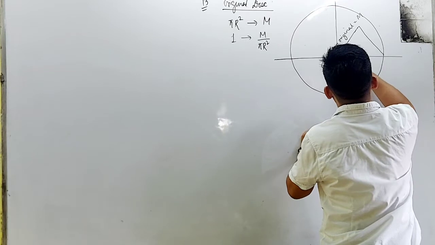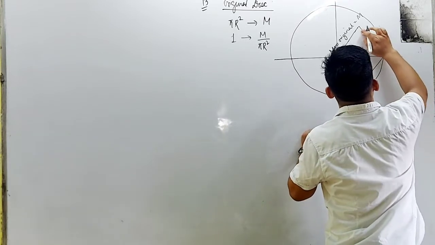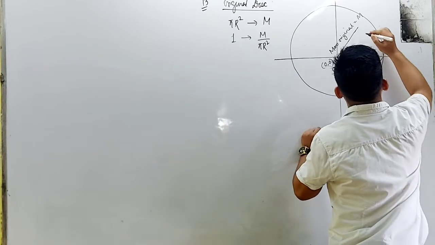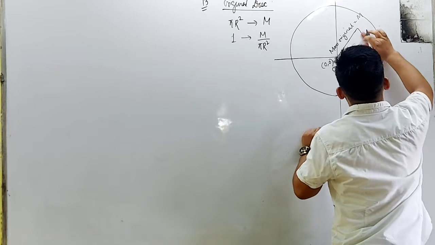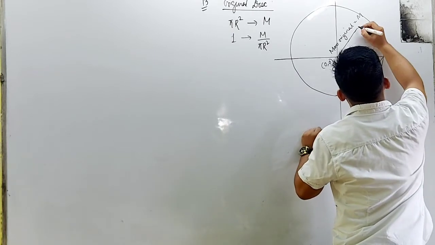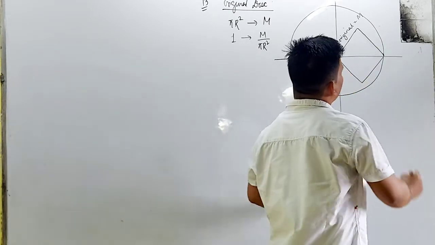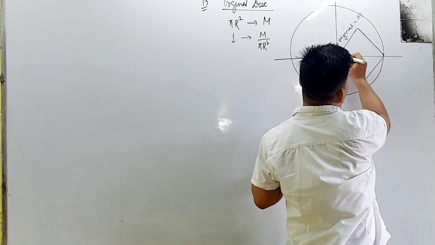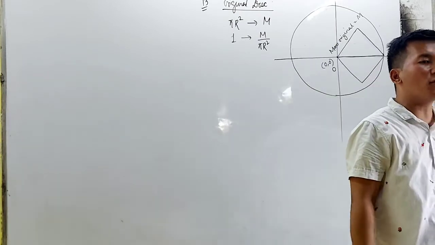Think of this as a square. The diagonal is exactly equivalent to the radius r. Then tell me, what will be the area of this square?